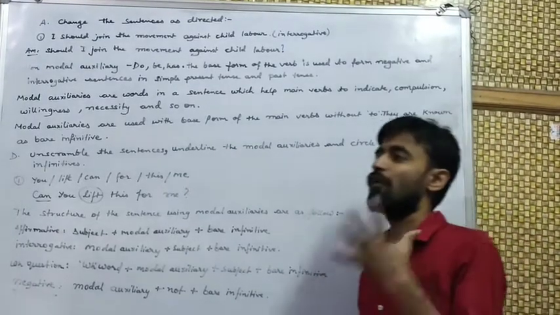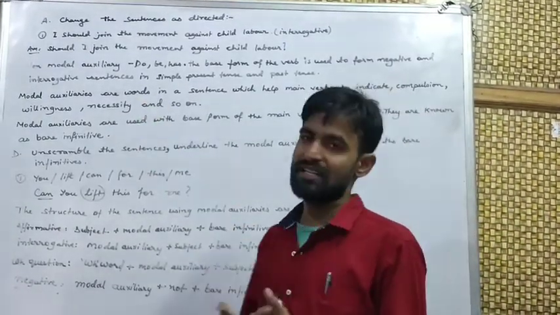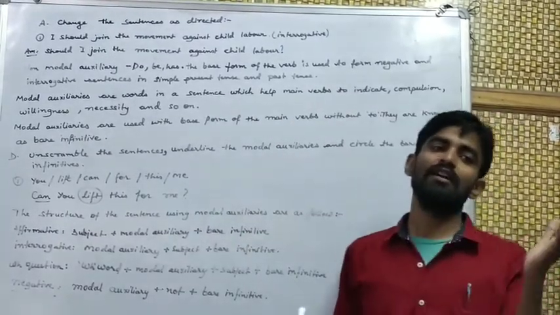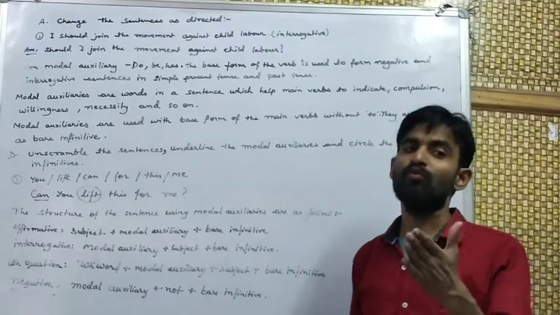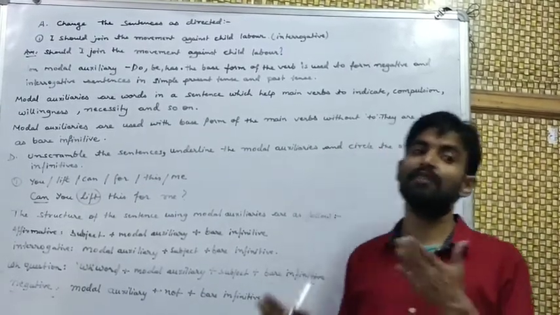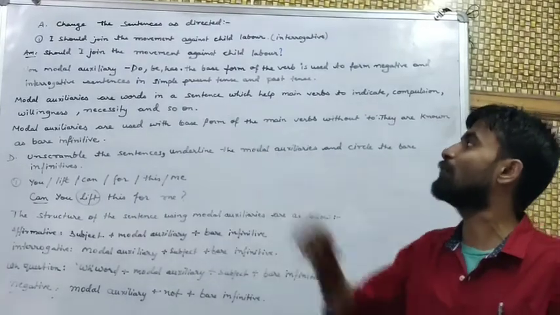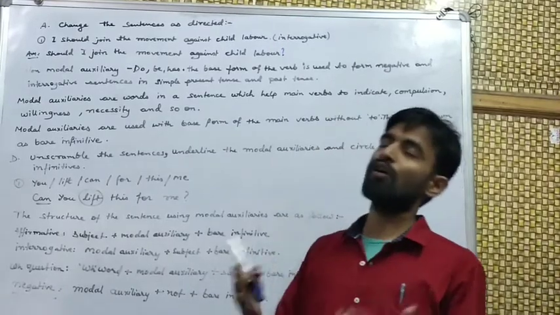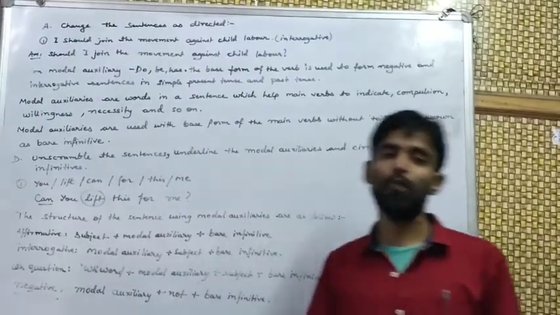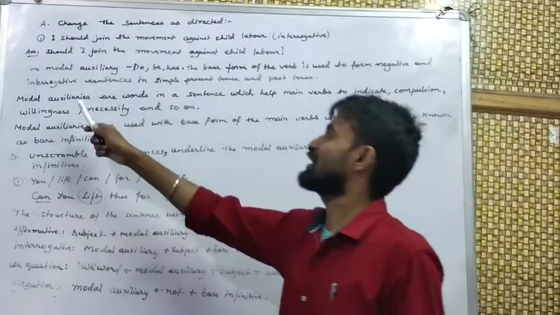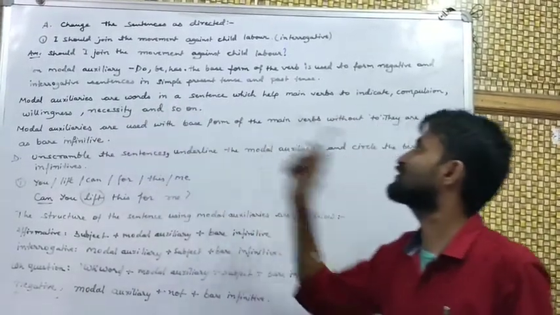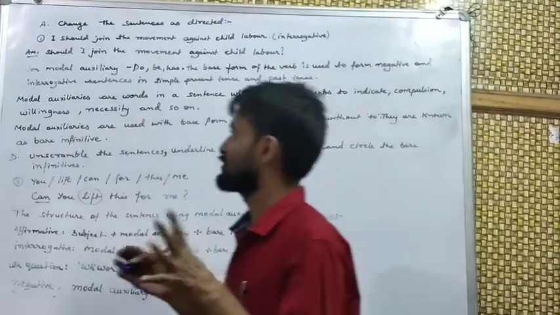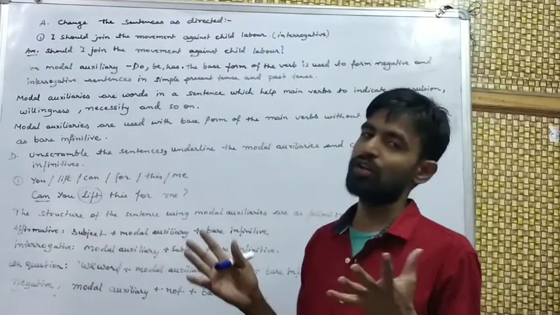These non-modal auxiliaries, do, does, did, was, is, am, are, are the forms of verbs which we use to form simple present tense, simple past tense, and past continuous tense.